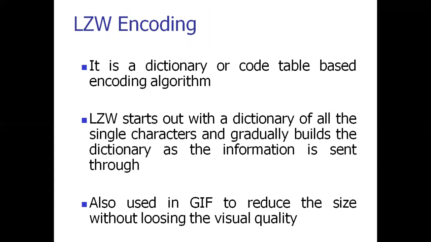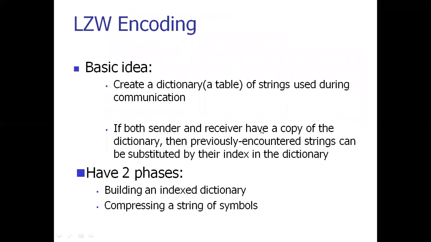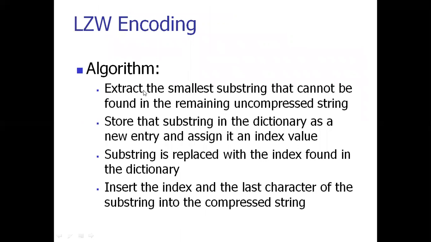Now, how can we present this? The basic idea is to create a dictionary or a table, and if both sender and receiver have a copy of the dictionary, then whatever previously encountered string can be substituted by its index value. Let's see the algorithm. We extract the smallest substring that cannot be found in the remaining uncompressed string.